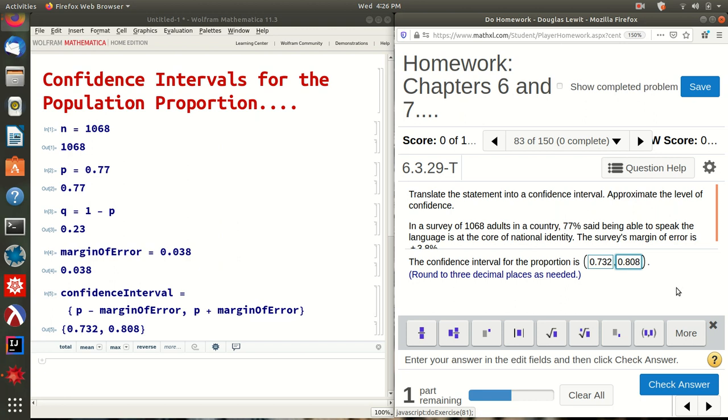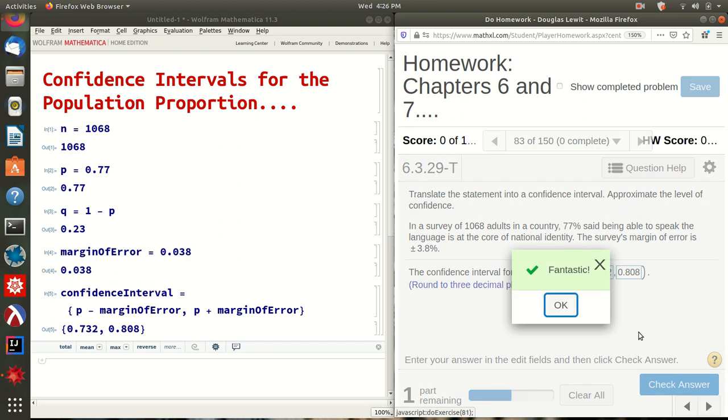So 0.732 and 0.808. Let's see if Pearson agrees. Great, Pearson agrees. So that's the correct confidence interval.